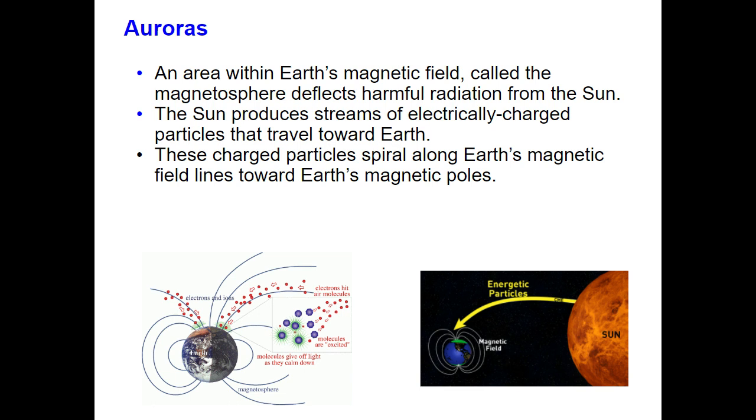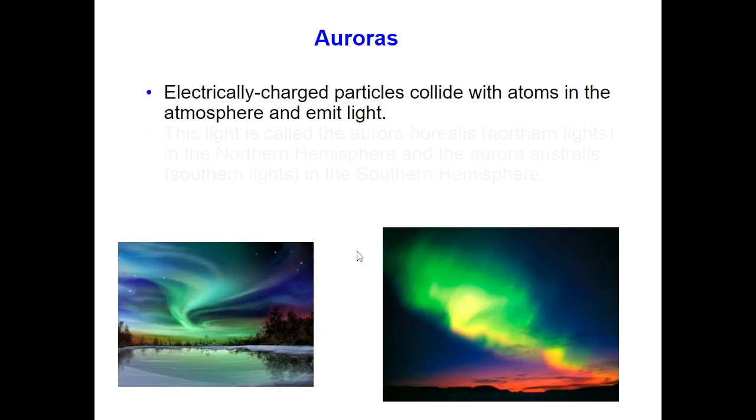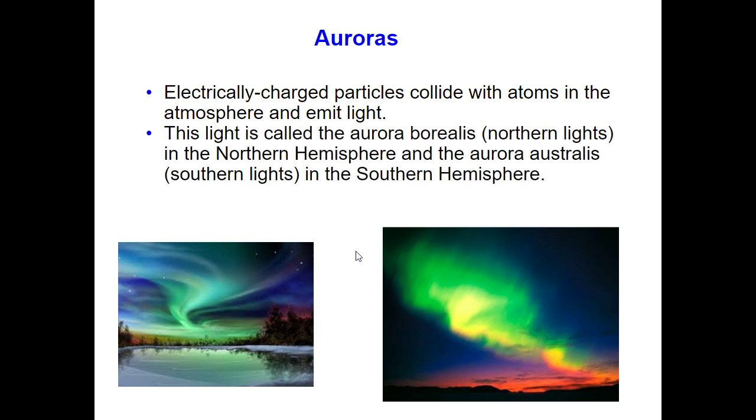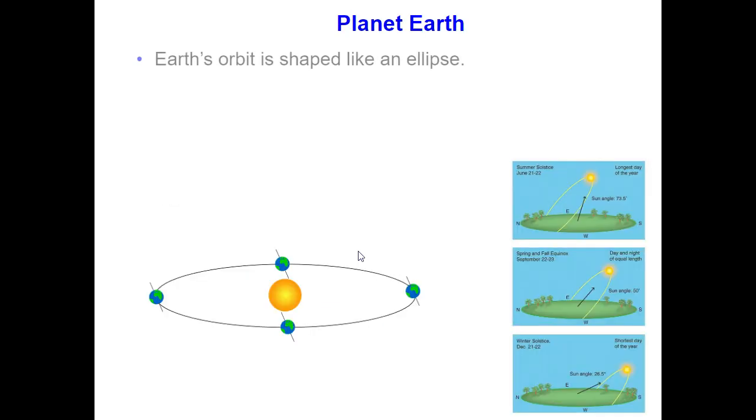In some years, you can see it all the way down into the northern states in the United States, and not just in Canada and Alaska. These lights are called the aurora borealis in the northern hemisphere and the aurora australis in the southern hemisphere, so you'll see it in both.